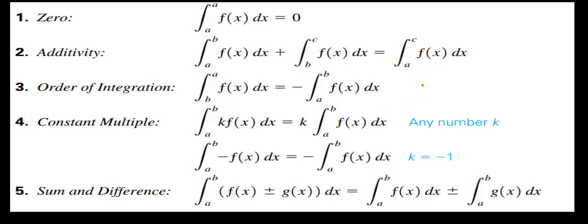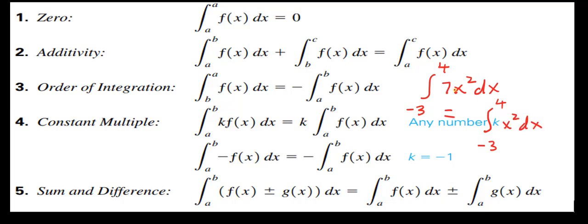So let's say you have the integral from -3 to 4 of 7x squared dx. That 7 is a constant, so that will equal 7 times the integral from -3 to 4 of x squared dx, and that 7 could come out of the integral.